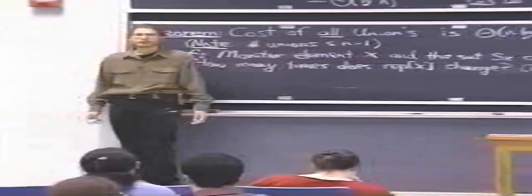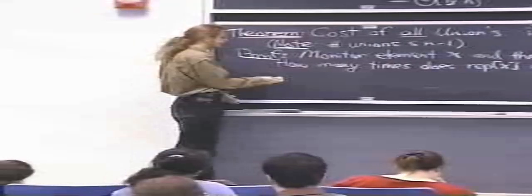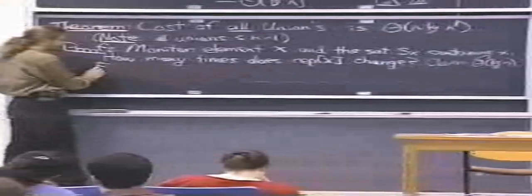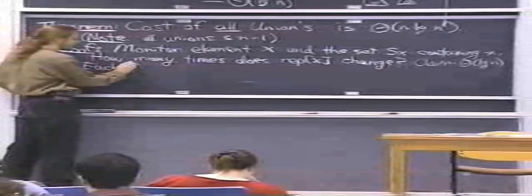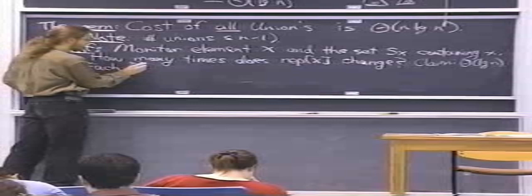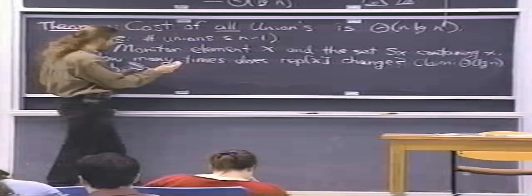So what if I look at just this particular element x and the set containing it? It's a question of when the set merges with someone else. So let's say each time Sx merges with someone. Because we're talking about unions, the appropriate word is unites.